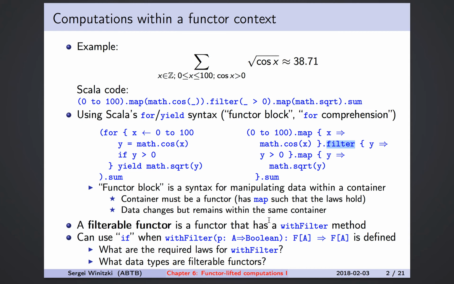Now, more precisely, in Scala, there is a method called withFilter. If your functor has a method called withFilter, then you can use this functor in a functor block with an if keyword. Otherwise, it will fail to compile. So we will call a functor filterable if it has a method called withFilter that satisfies the appropriate laws that we will investigate later in this tutorial.